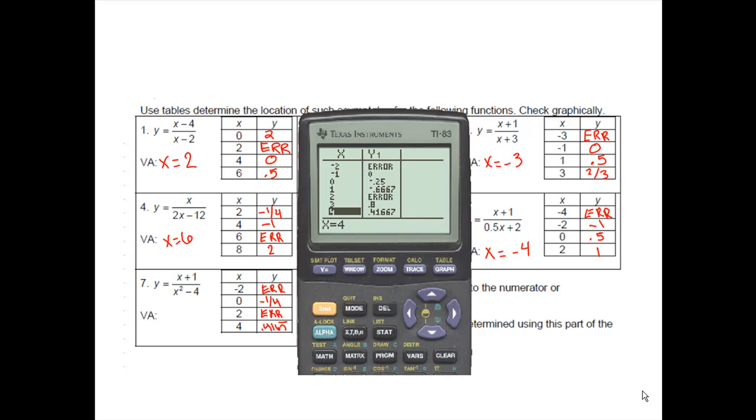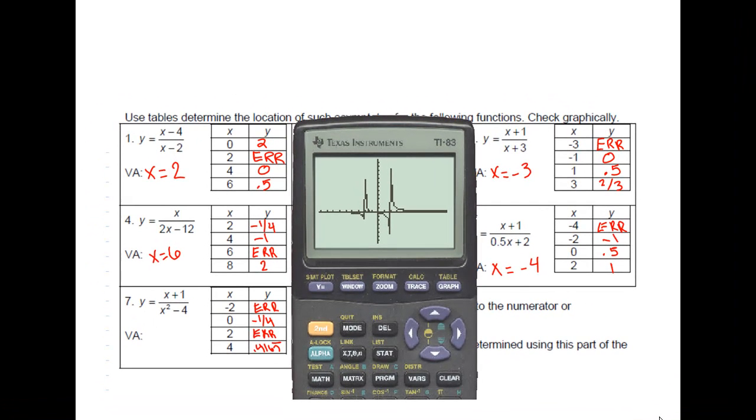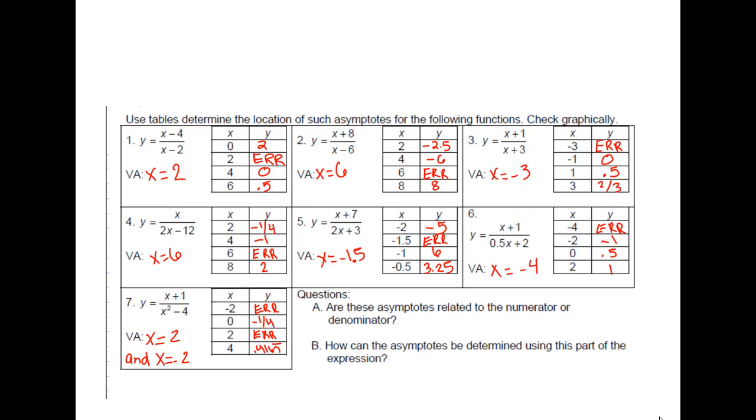When we look at the table of values by going second graph to the table, we see that both -2 and 2 are errors. Now let's take a look at the graph. If we see, we actually have two asymptotes, two lines that are going up, limiting the graph. This would make your vertical asymptote be 2 answers, where x is 2 and x is -2.